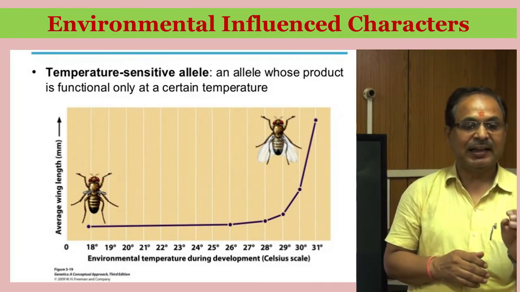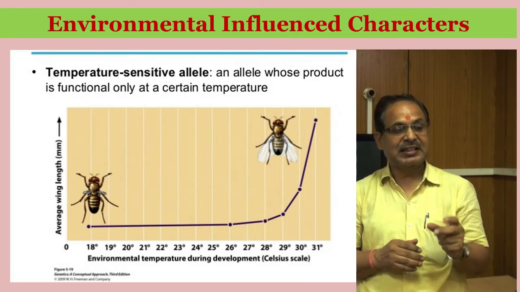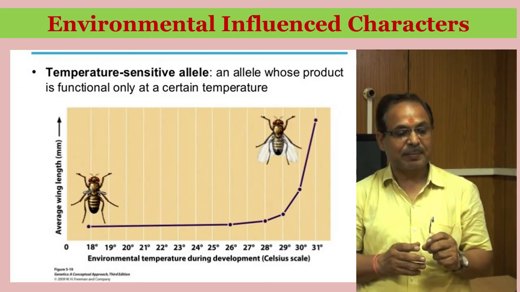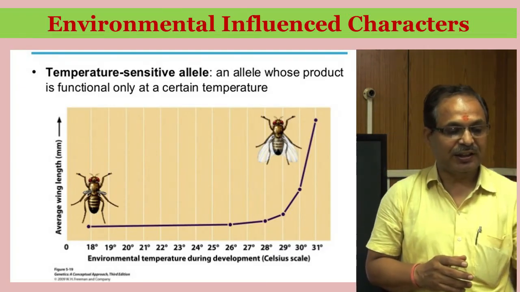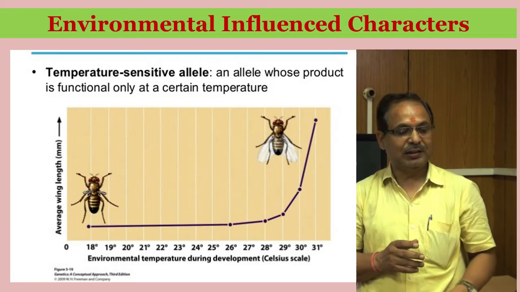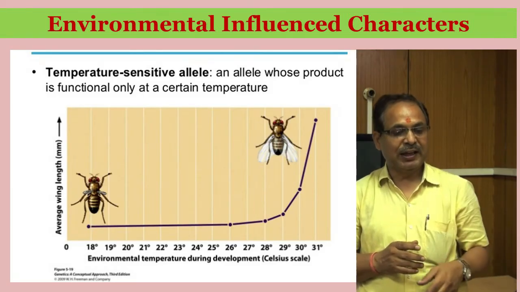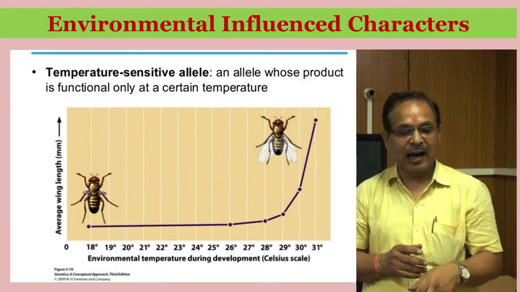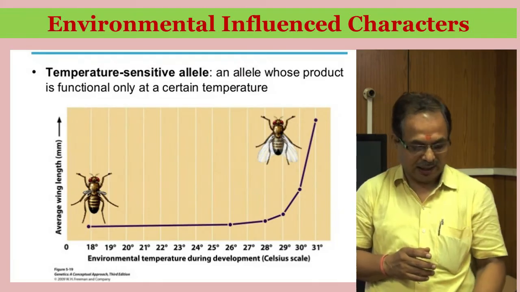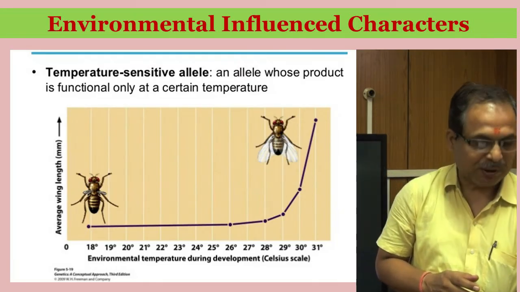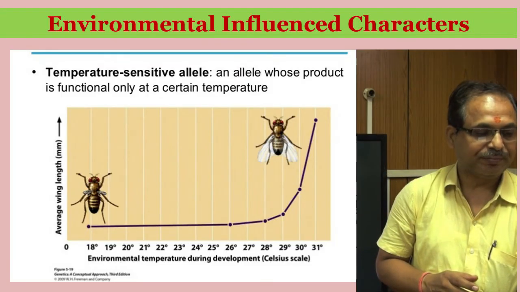In this case, an allele whose product is functional only at certain temperatures. We can see here the graph: the growth of wing is more at a higher temperature as compared to lower temperatures in Drosophila.